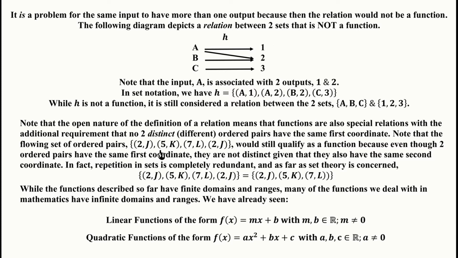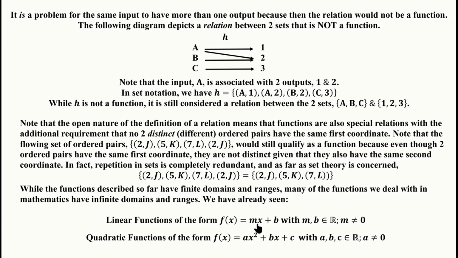Now, all the functions that we've described so far have finite domain and finite range, but most of the functions that we deal with in mathematics have infinite domain and infinite ranges. You've already seen two types: linear functions of the form f of x equals mx plus b, and quadratic functions of the form f of x equals ax squared plus bx plus c.